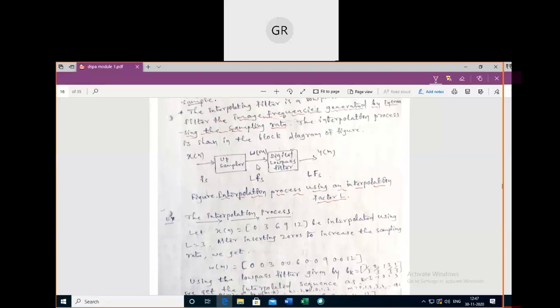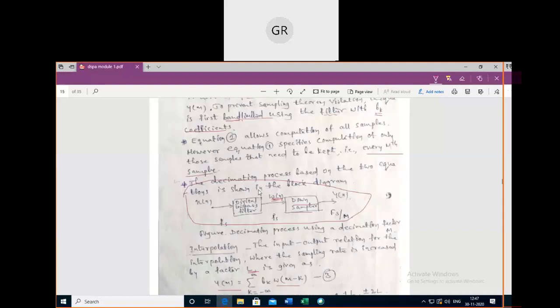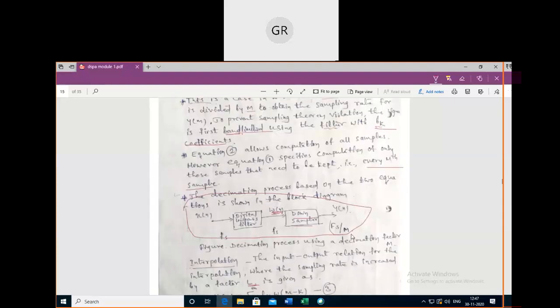In the first step, the sampling rate is increased by L times, whereas in decimation the last step decreases the sampling rate.